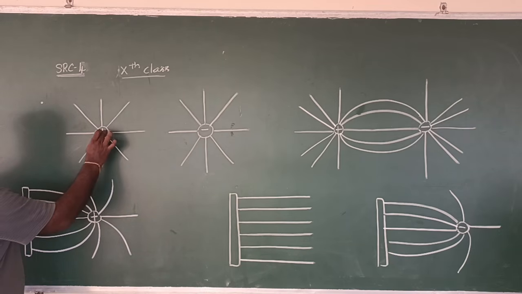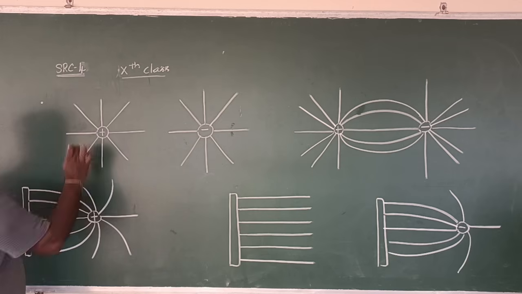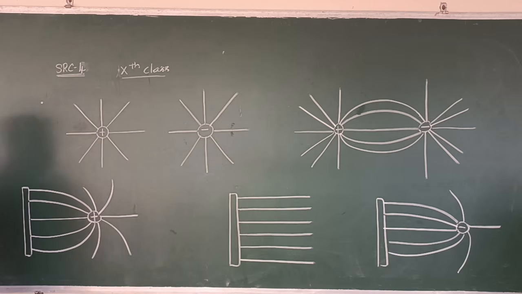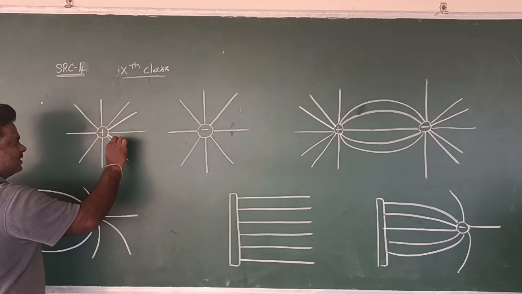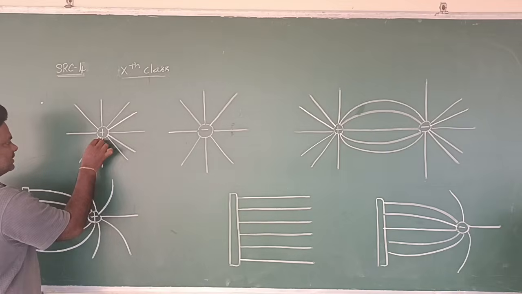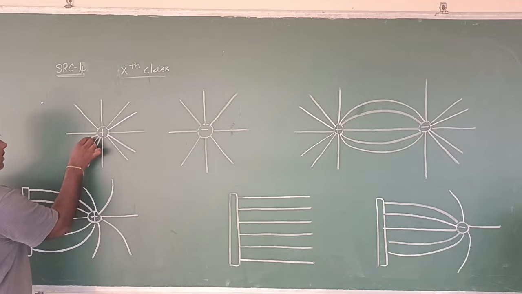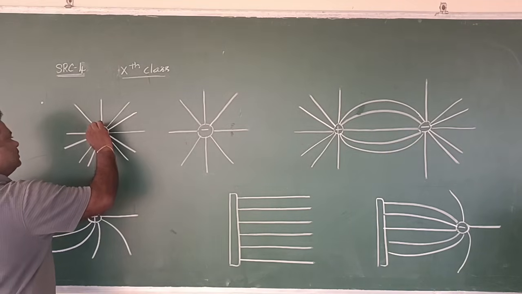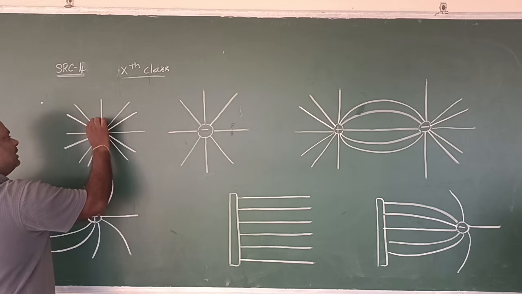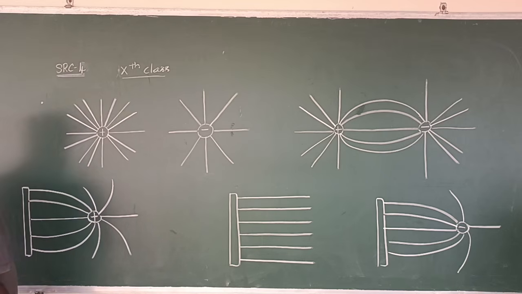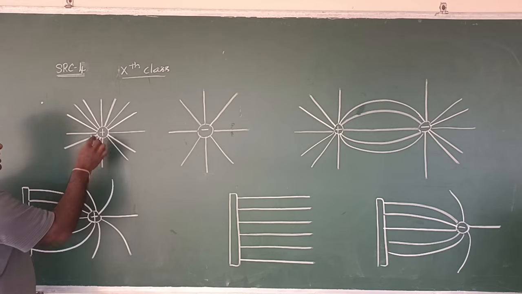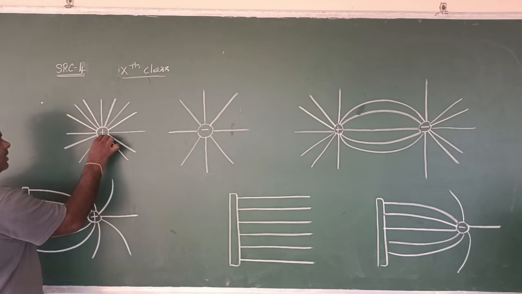So, how are they imaginary lines? You may not be able to see them with the naked eye. So, how are they spread over the surface? For a positive charge, the electric field is always directed away.